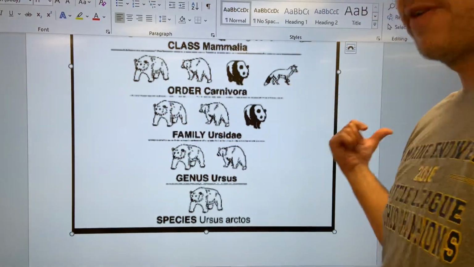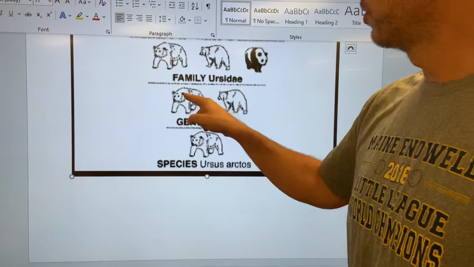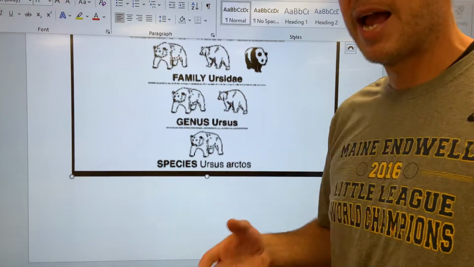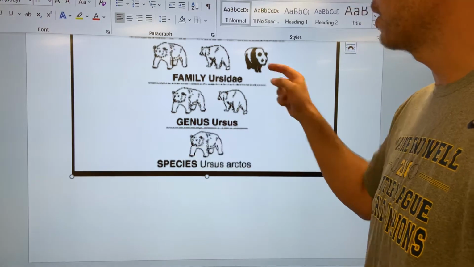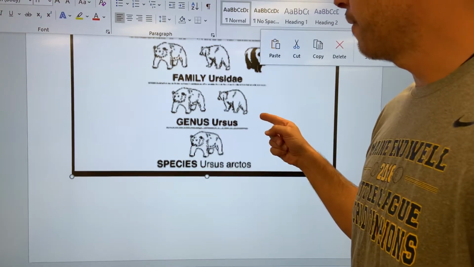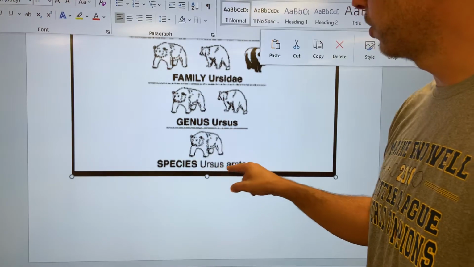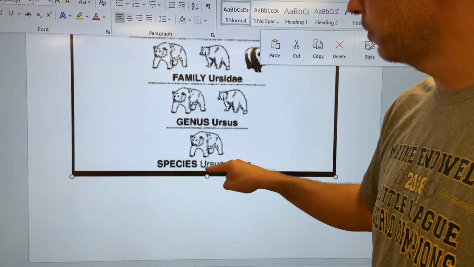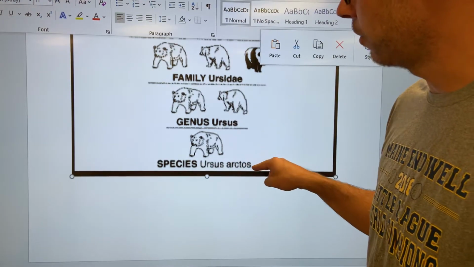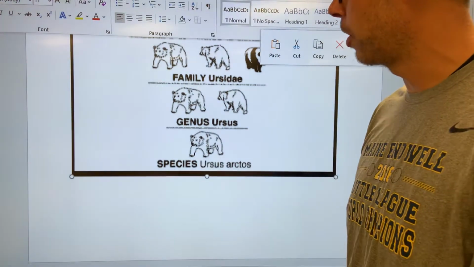So we lost the fox, and we got more specific still. Here's just the grizzly bear, maybe some polar bears, black bears in there, so we're getting more specific into Ursus. We lost the panda bear here. And then finally we get down to the most specific, which is the grizzly bear, Ursus arctos. This is its genus name, Ursus, and the species name is arctos. Now we're so specific that they can mate and produce fertile offspring with each other.